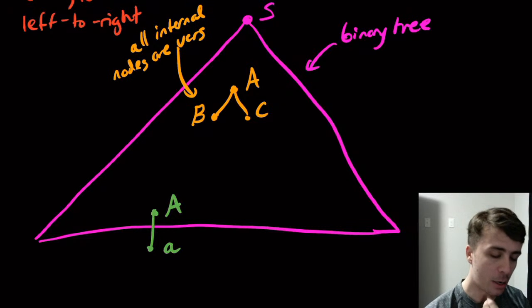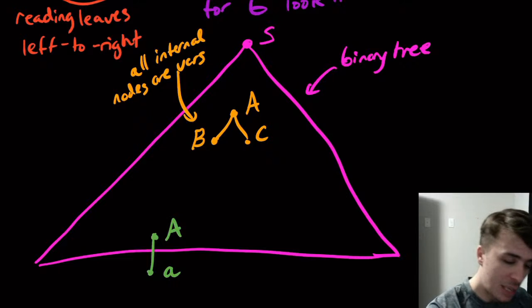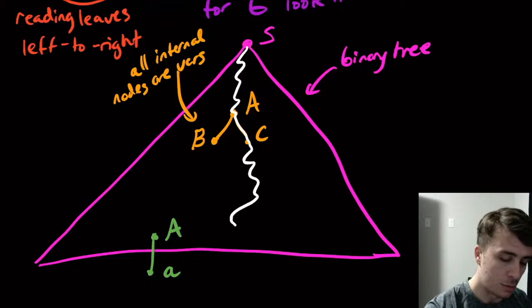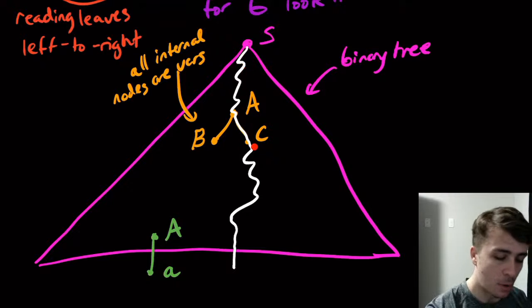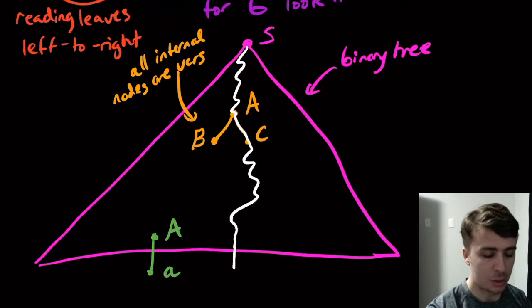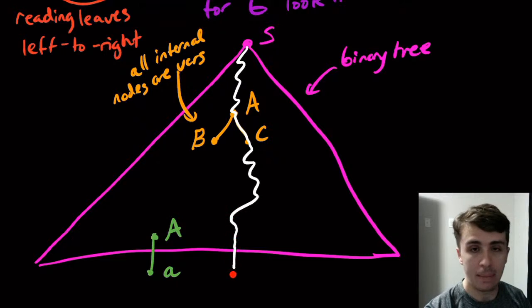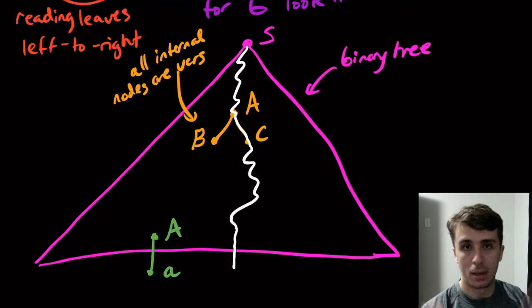Why does this matter? Let's think about getting from the top to the bottom. If I follow some route from the top to the bottom like this, then I'm going to see, for the most part, variables along the way. So I see variable, variable, variable, variable, variable, until I get to the second to last point. Then I'm going to see a terminal, and then that's it.